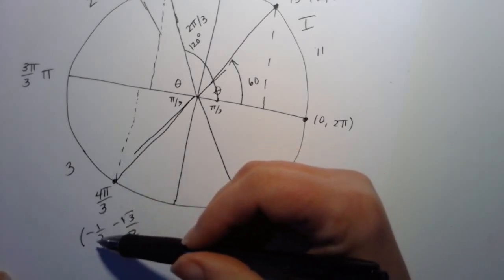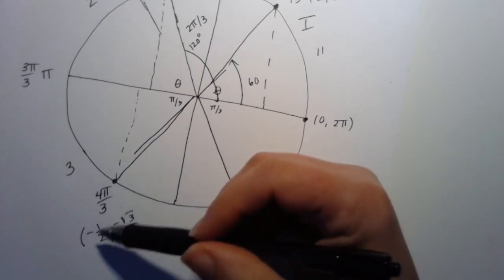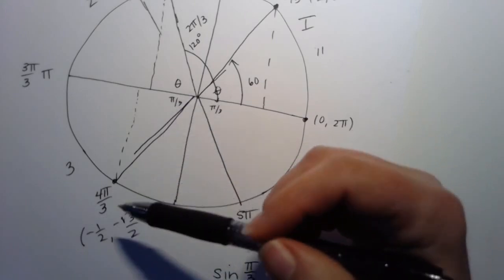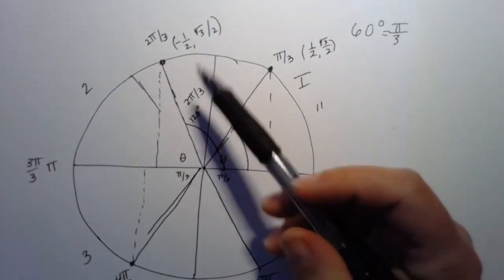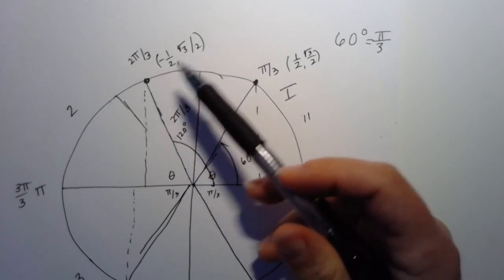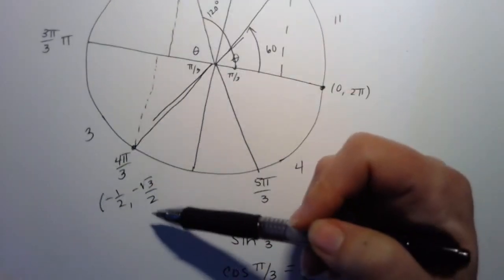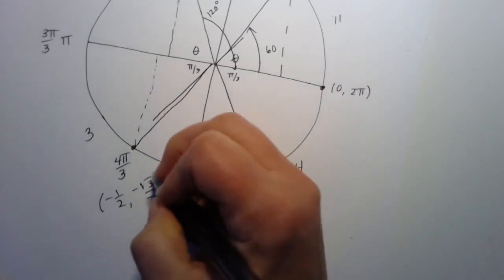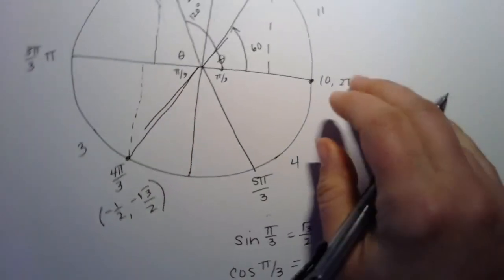And my cosine at 4 pi over 3 would be negative 1/2. Now in this particular case, when I go to get tangent here, because I have a positive divided by a negative, I'm going to get a negative tangent. Here, because I have both negatives, a negative divided by a negative is going to give me a positive tangent.